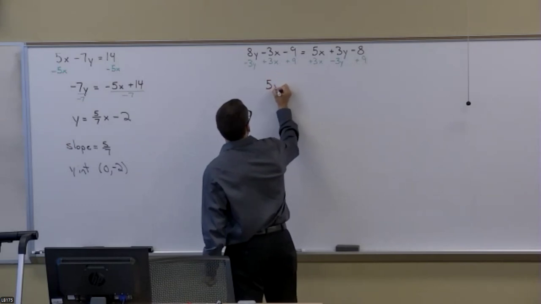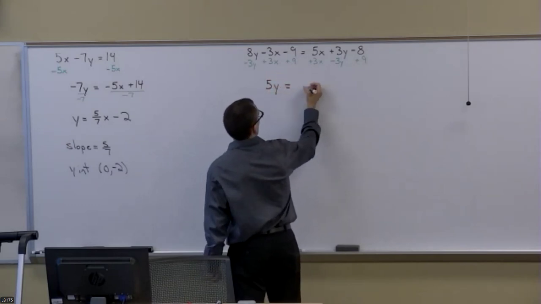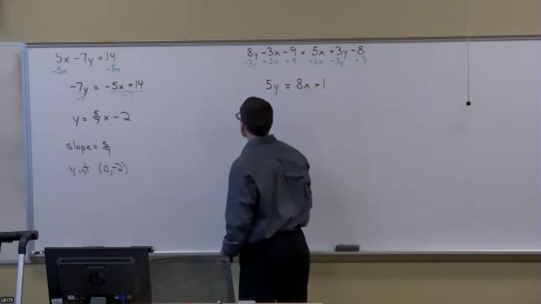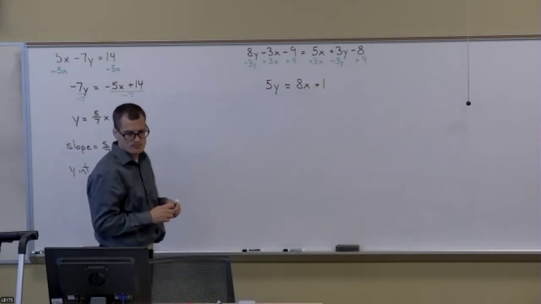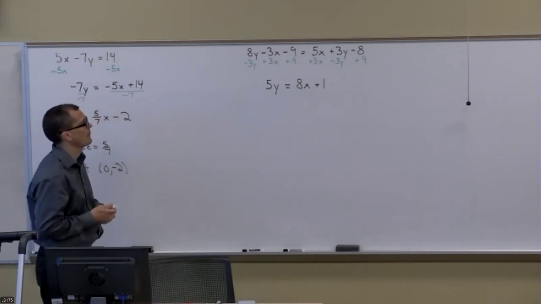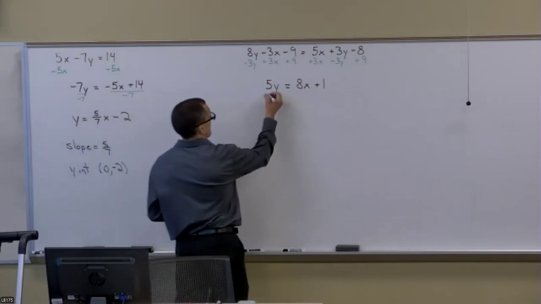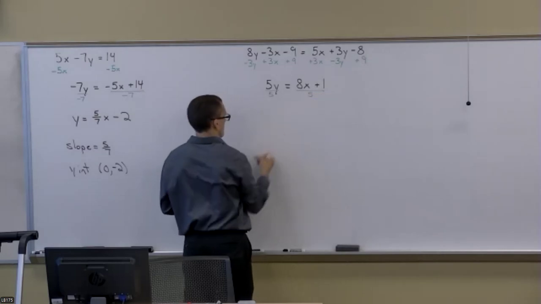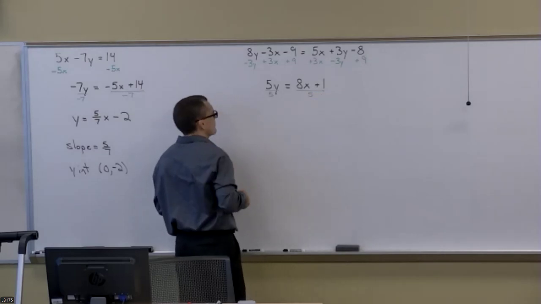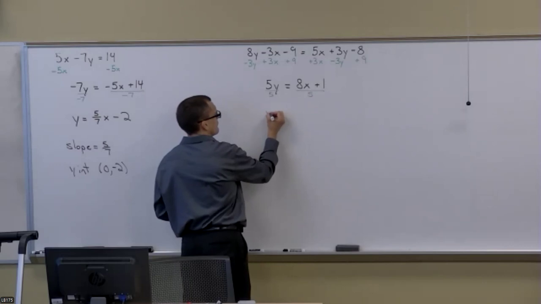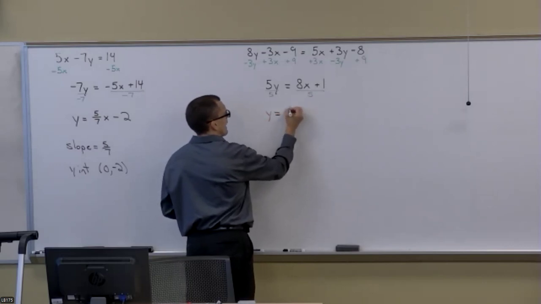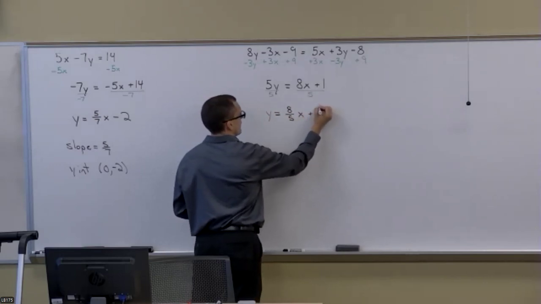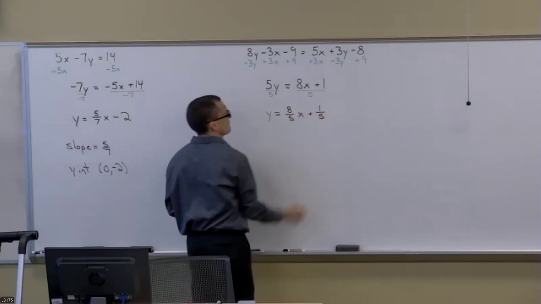Anyways, we get 5y is equal to 8x plus 1. Dividing both sides by 5 would give me y equals 8/5 x plus 1/5.